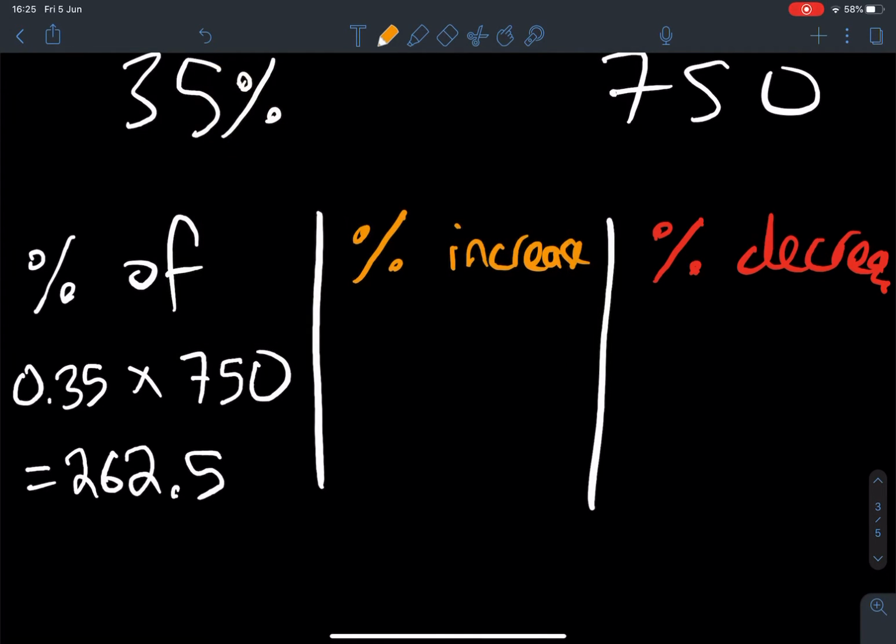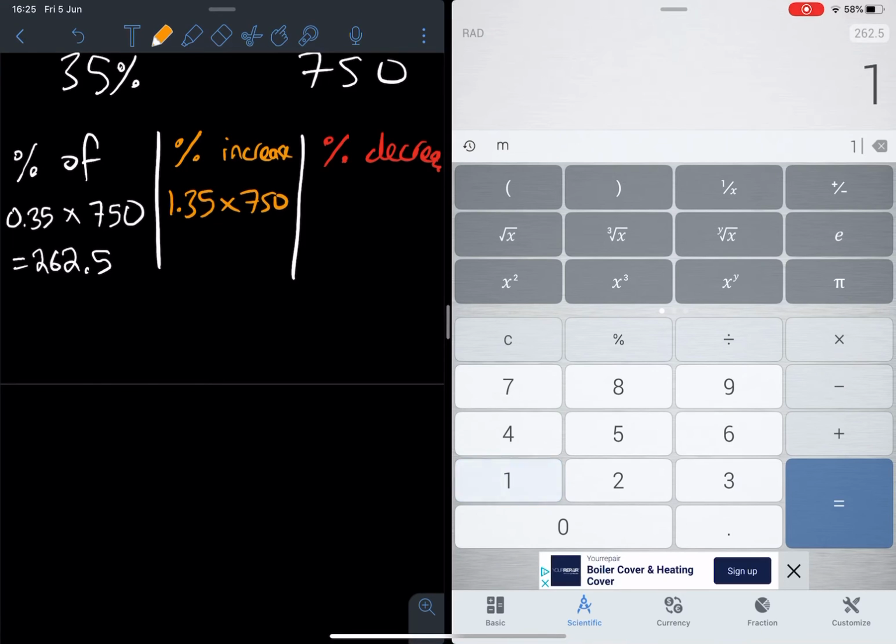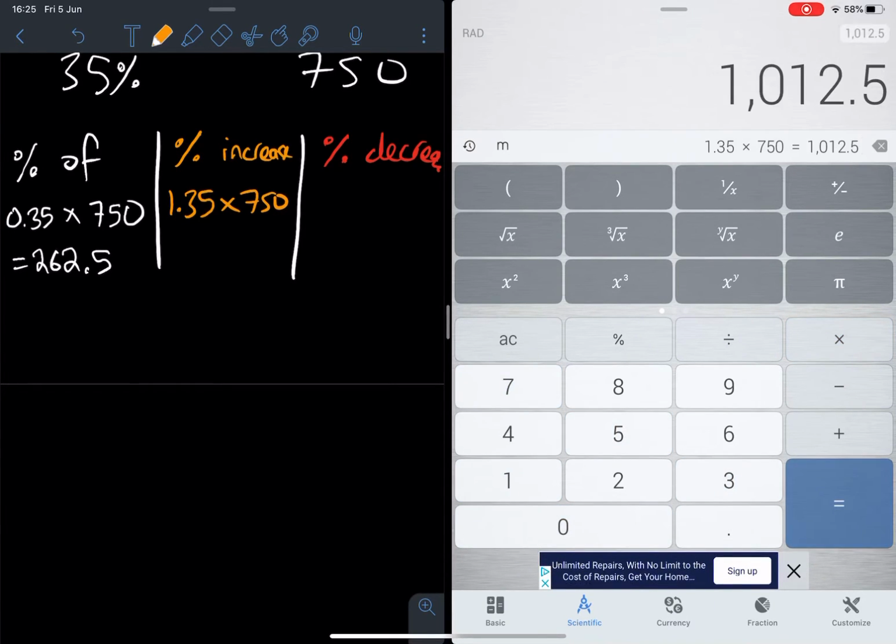If I am doing a percentage increase, instead of 0.35, I do 100 plus 35%, which is 1.35 as a multiplier. I times it by the original value, which is 750. And now, if I was to do this again, it will be 1.35 times 750, which is 1012.5.